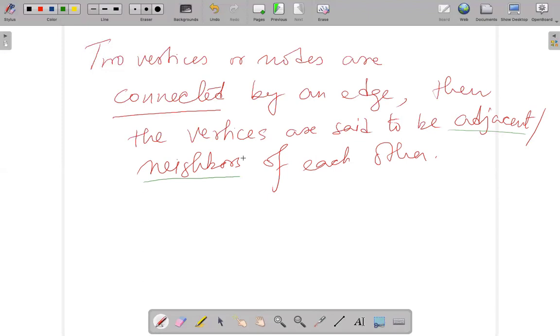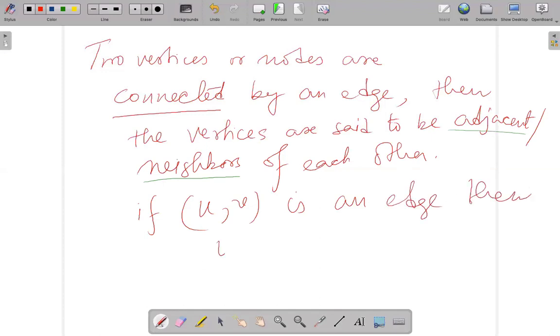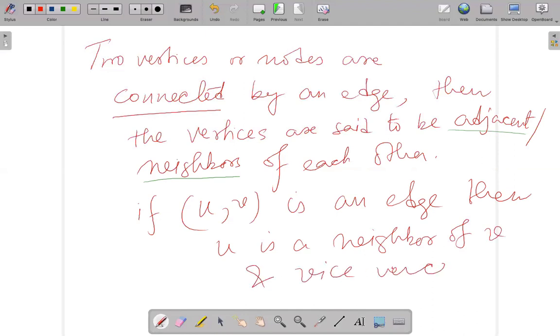So, in other words, if UV is an edge, then U is a neighbor of V and vice versa.